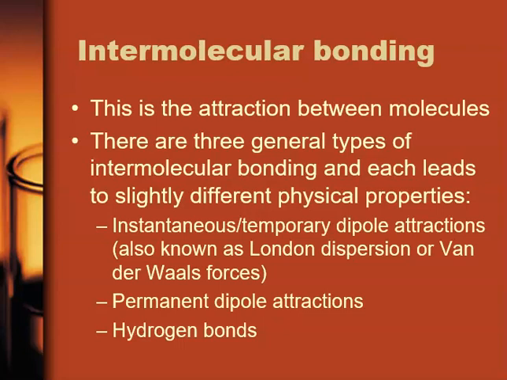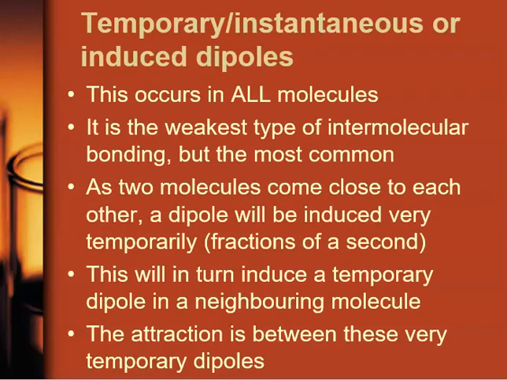Okay, so the first one, which is probably the most confusing for everyone, is temporary or instantaneous, or sometimes known as induced dipoles. Now, every single molecule, polar or non-polar, has this type of intermolecular bonding. It is generally relatively weak, but every molecule has it.